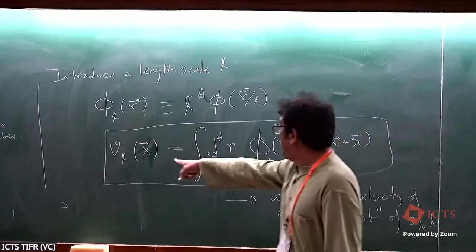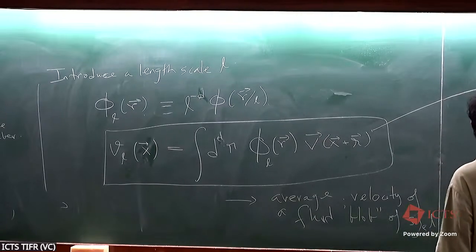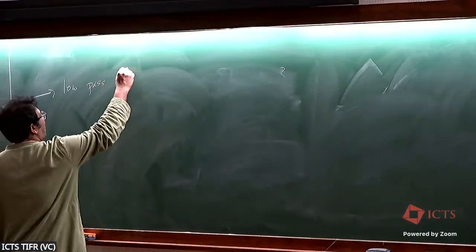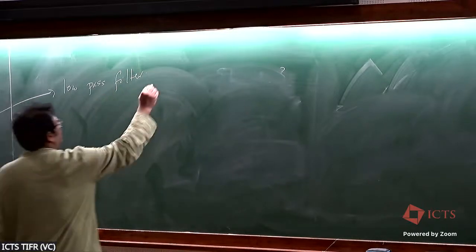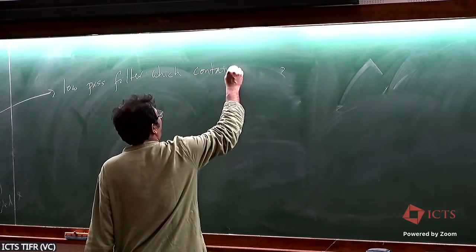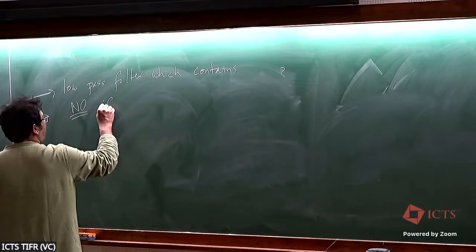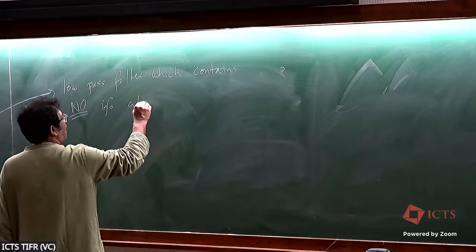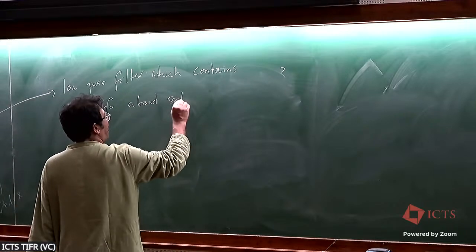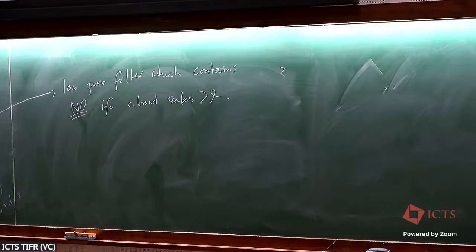So this guy, as we said, this guy is a low pass filter which contains no information about scales greater than L. So you can construct the inverse, and what I'll do now is really the most important thing that we need.